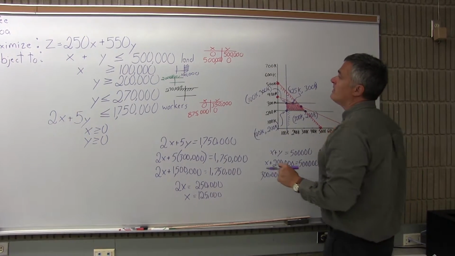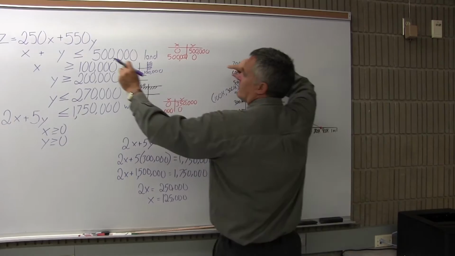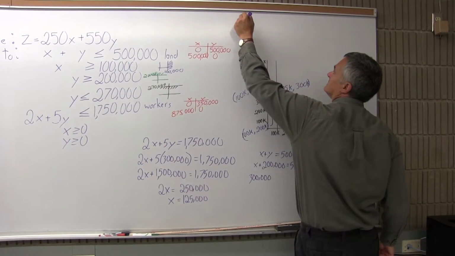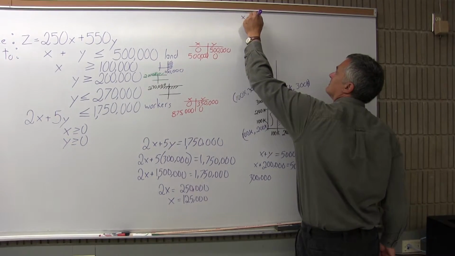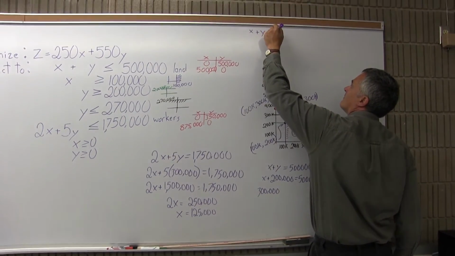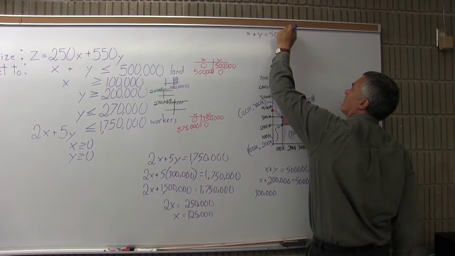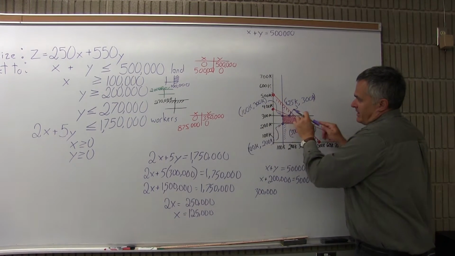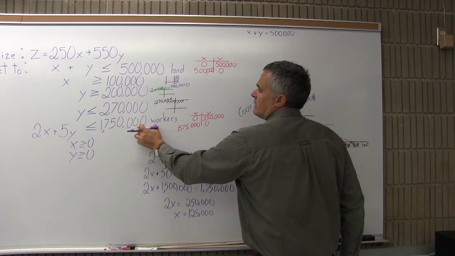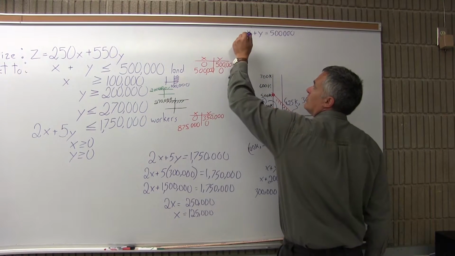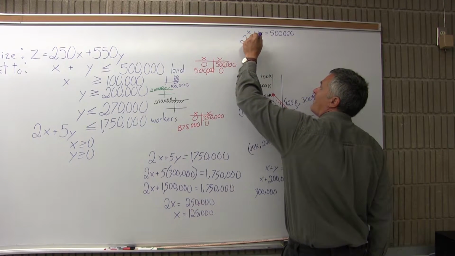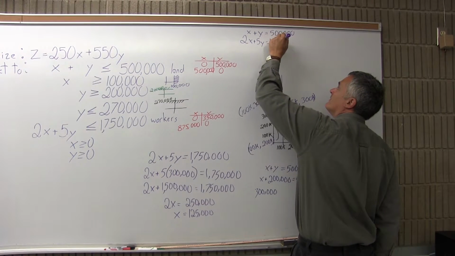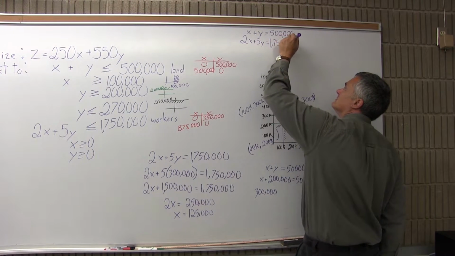So I have one red line intersecting coming from the equation x plus y equals 500,000. And the other red line that's forming an intersection comes from the equation 2x plus 5y equals 1,750,000.